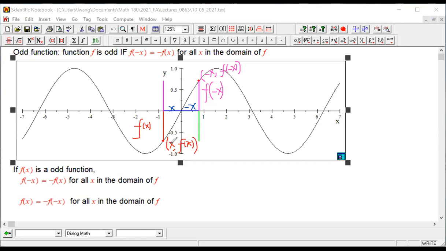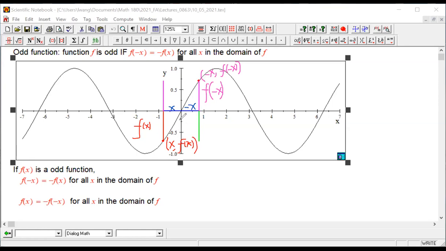So now this is x, f of x. And this is a negative x, this is f of a negative x, right? So input, output. That principle doesn't change. And these are the two dots.